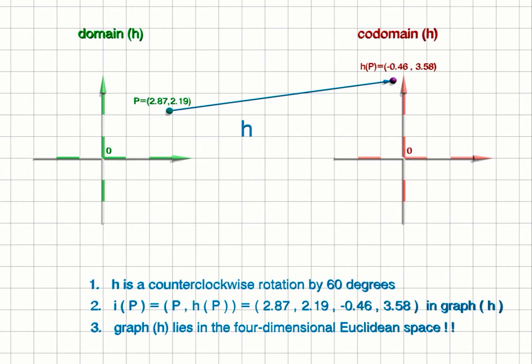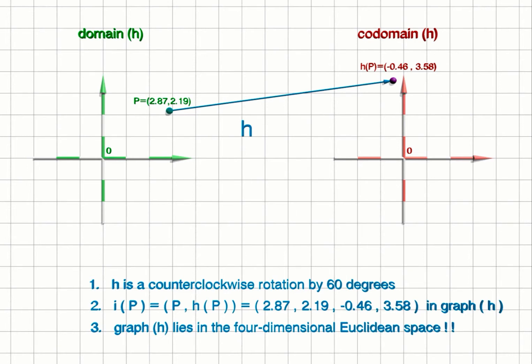There are three remarks. As I said before, I anticipated that h is a counterclockwise rotation by 60 degrees. I of P, again, I is the map that goes from the domain to the graph.